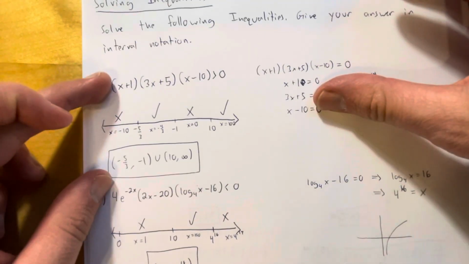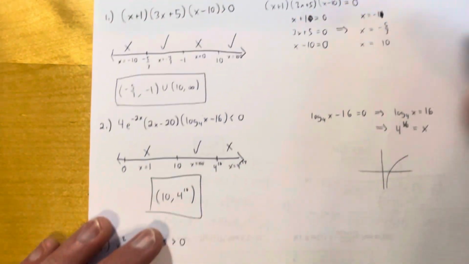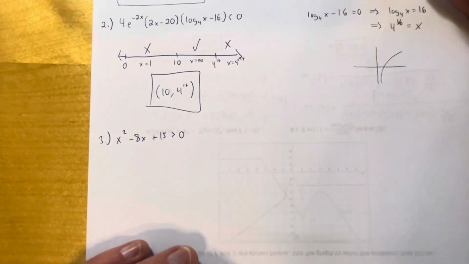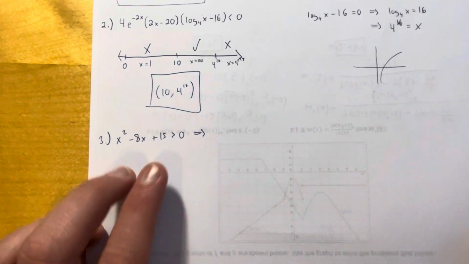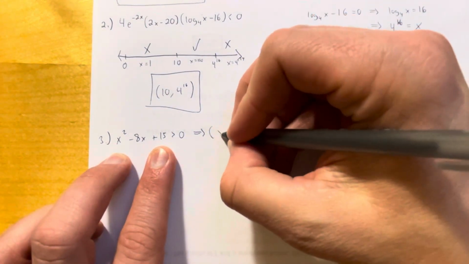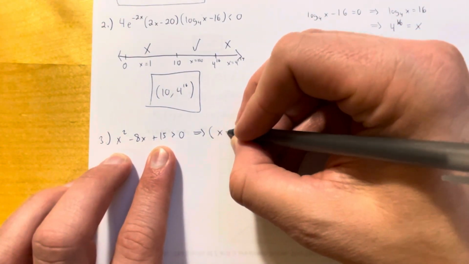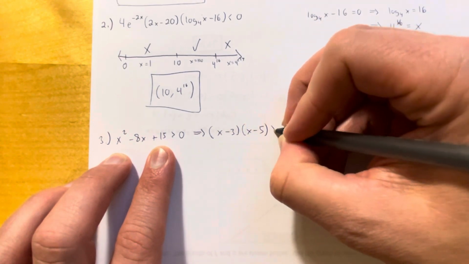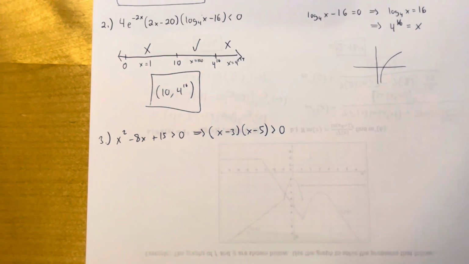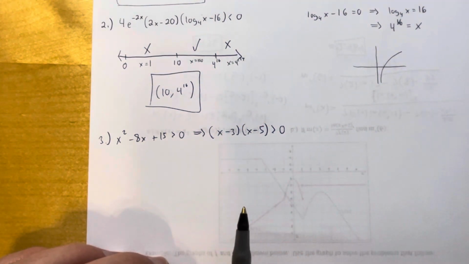In the last 2 examples, it was factored for me, and I needed it that way to analyze this inequality the way that I did. So that's not a problem. You just factor this. This factors down to x minus 3 times x minus 5, and again, we want this one to come out positive. Okay? So I have greater than 0 there.